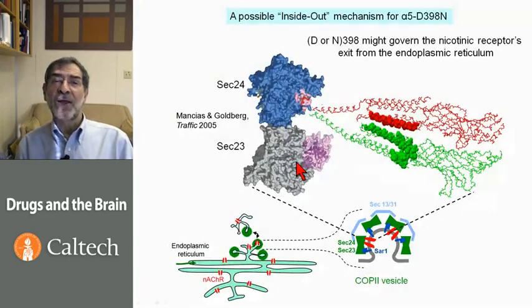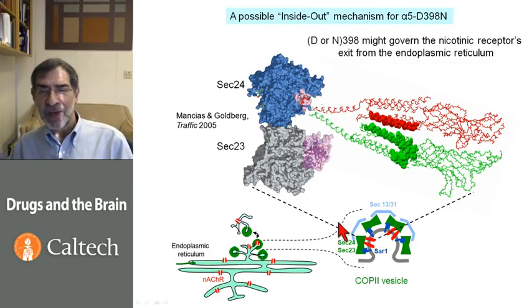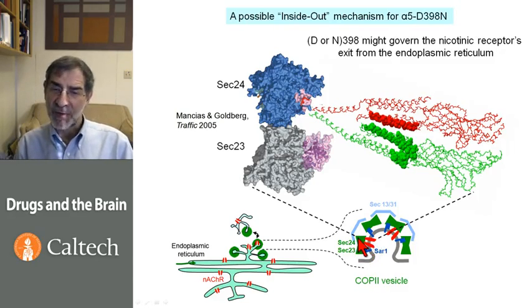Well, what about the inside-out mechanism? There's also a possible role for position 398 in the inside-out mechanism. Here is our diagram of nicotinic receptors leaving the endoplasmic reticulum, interacting with the COP2 vesicle. Here is a schema of the nicotinic receptor, these red bars here, interacting with the so-called Sec23, Sec24 complex.